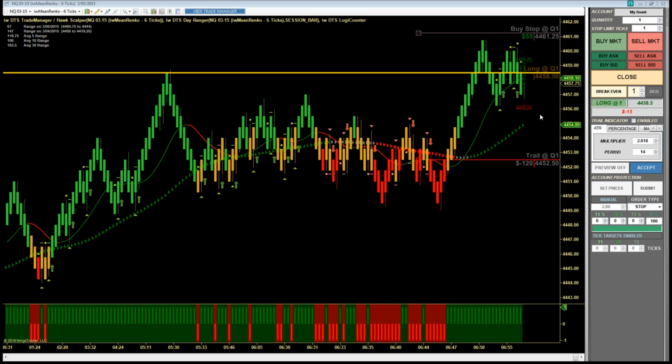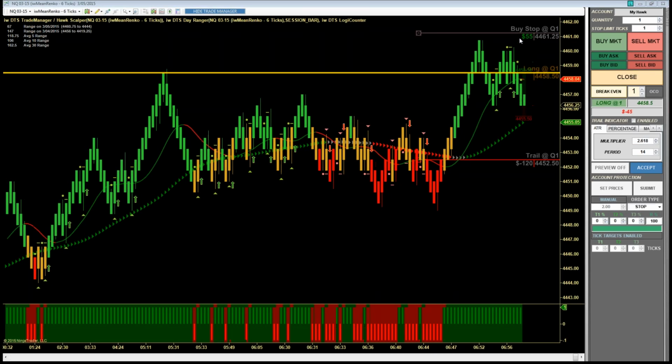Stinkers. Well, I was hoping this would poke up just one more bar.